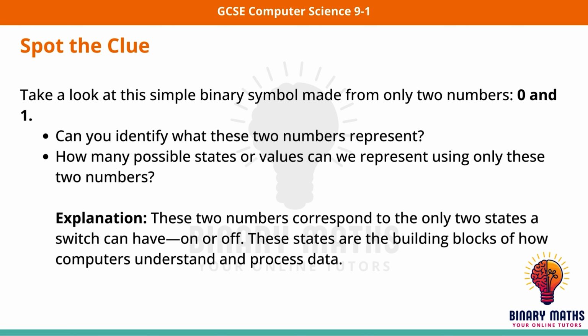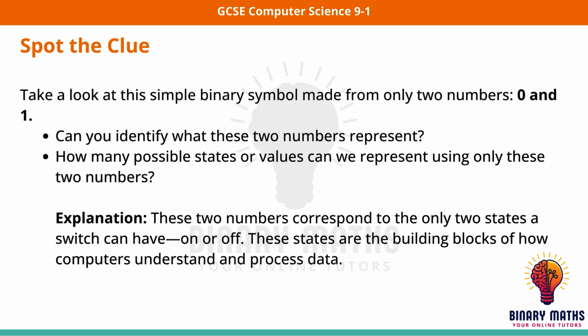Okay, so a quick warm-up. Imagine a code that only uses two symbols, 0 and 1. That's binary. Ask yourself, what do these two numbers actually represent? The answer is that they represent two simple states, on or off. Think of a light switch.